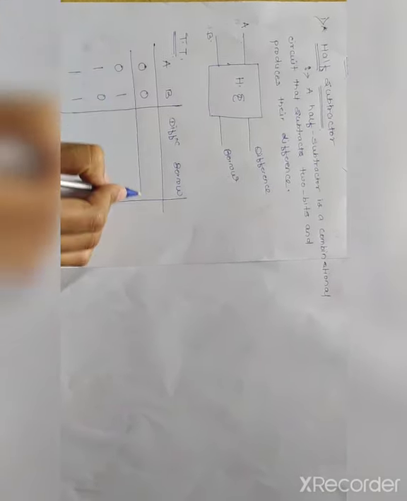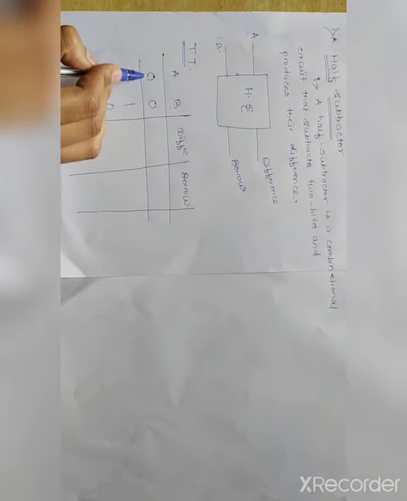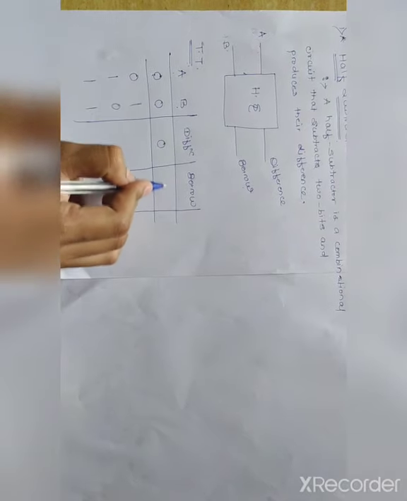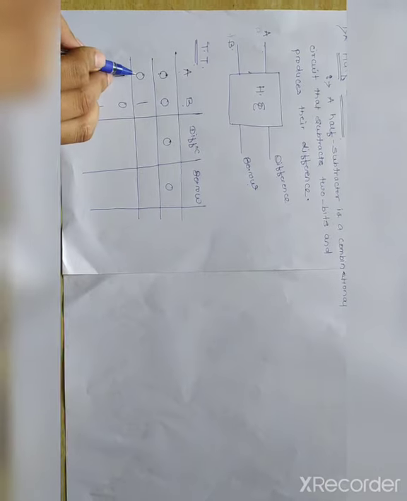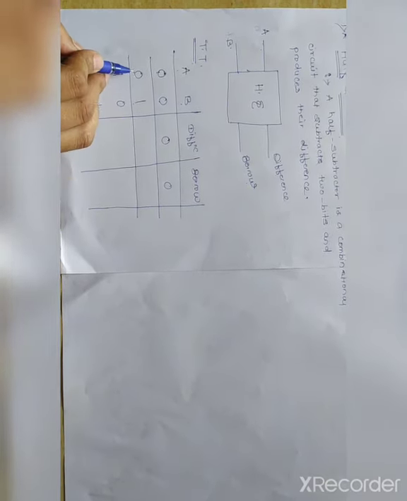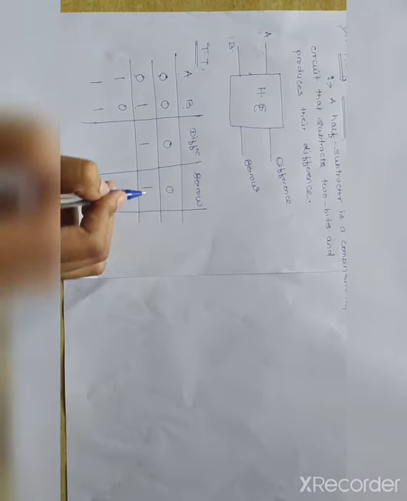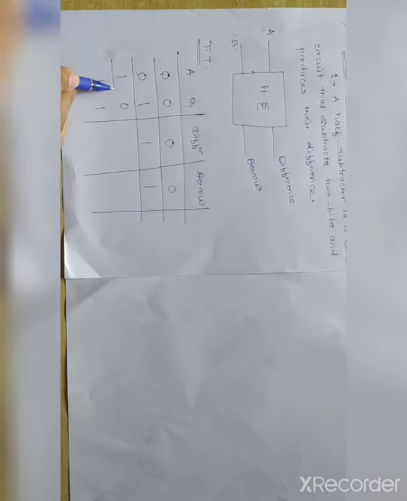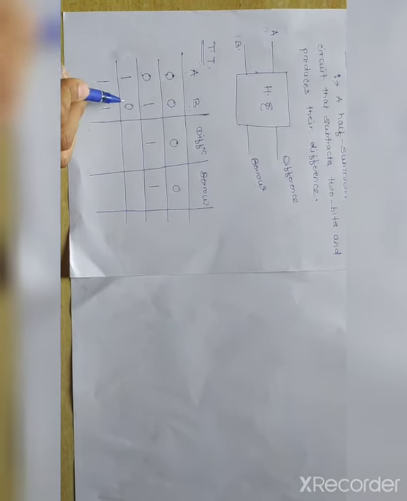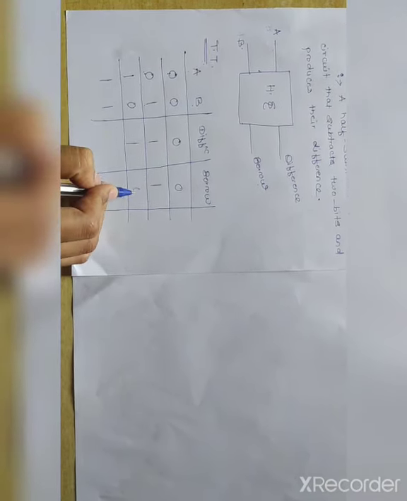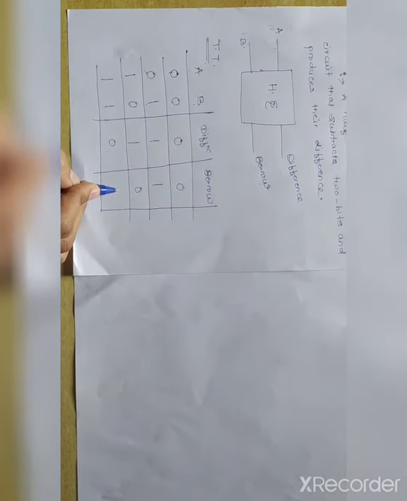Now you have to subtract. 0 minus 0 is 0, borrow is 0. Now a is 0 and b is 1, so 0 minus 1 gives difference 1, and borrow is 1 in this case. Next, a is 1 and b is 0, so 1 minus 0 is 1, and borrow is 0. Next, 1 minus 1 is 0, borrow is 0.